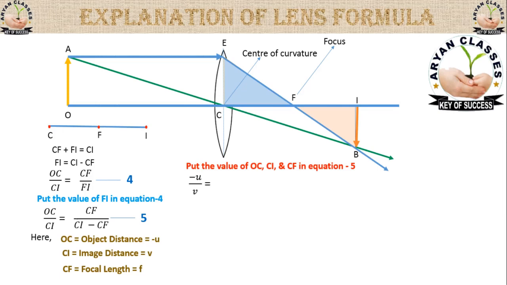Now we get minus u by v equals f by v minus f. We cross multiply, we get minus u into (v minus f) equals v into f, or after simplification we get minus uv plus uf equals vf.